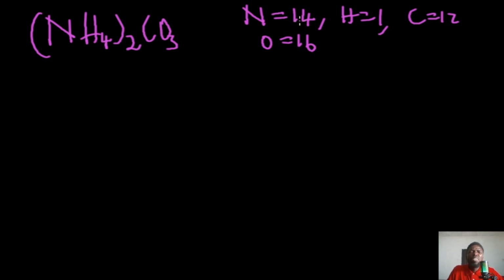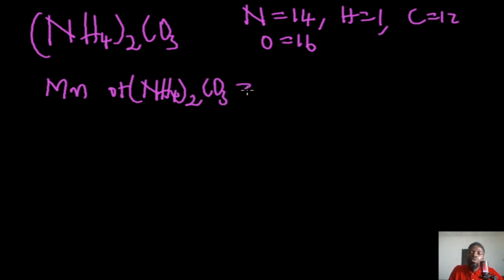Now, nitrogen would have to be added to hydrogen, carbon, and the rest of them. So let's put all these things together. To find the molar mass of ammonium carbonate, NH4 bracket 2 CO3, please mind you, this particular 2 outside is multiplying everything inside, so do not be mistaken. So let's get to it.